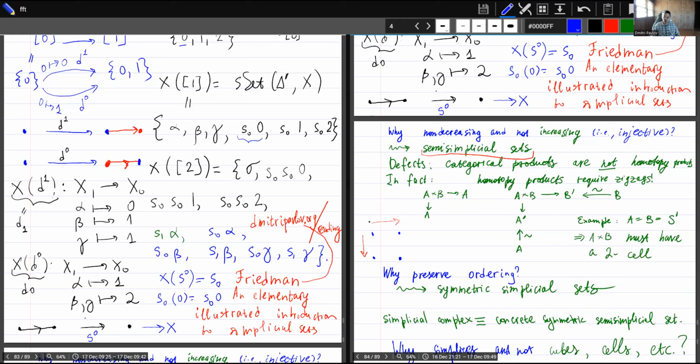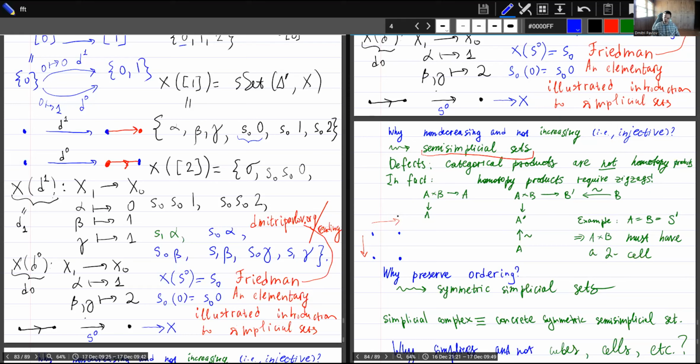And how many one simplexes do we have inside a one simplex? We have a single non-degenerate simplex and two degenerate ones. Altogether, we have three one simplices. So in principle, we can expect 3 times 3 is 9 one simplices in the product.